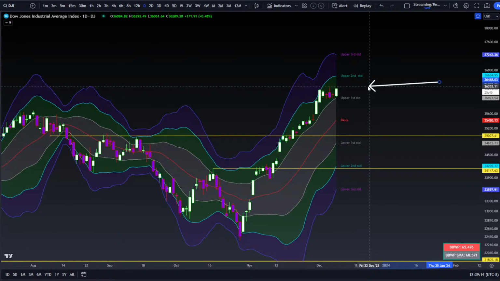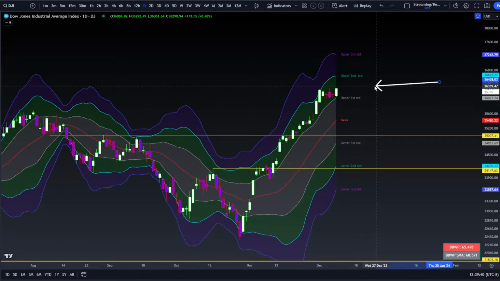Yes, that is correct. So I'd be looking for a new all-time high if it's going to remain above here and break out of this area. 36,292 is the wick high here, so above there, and I'd look for around 36.6 to 36.7 and beyond, to be quite honest, because if it gets above there, it's going to be expansion again.